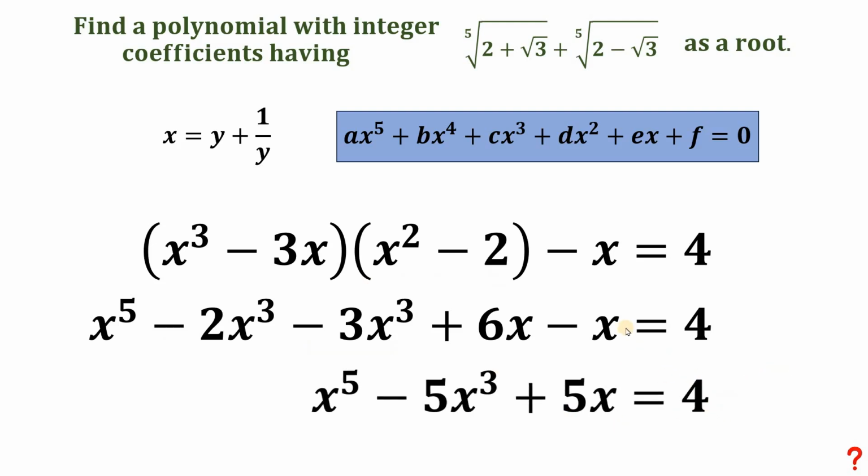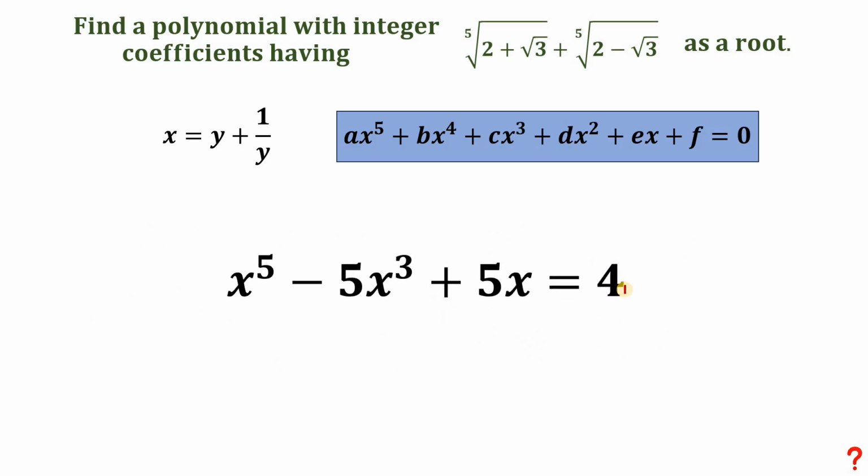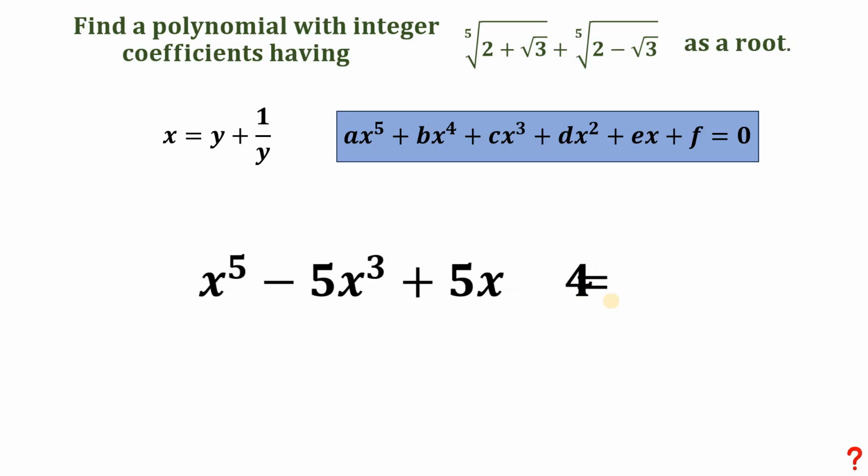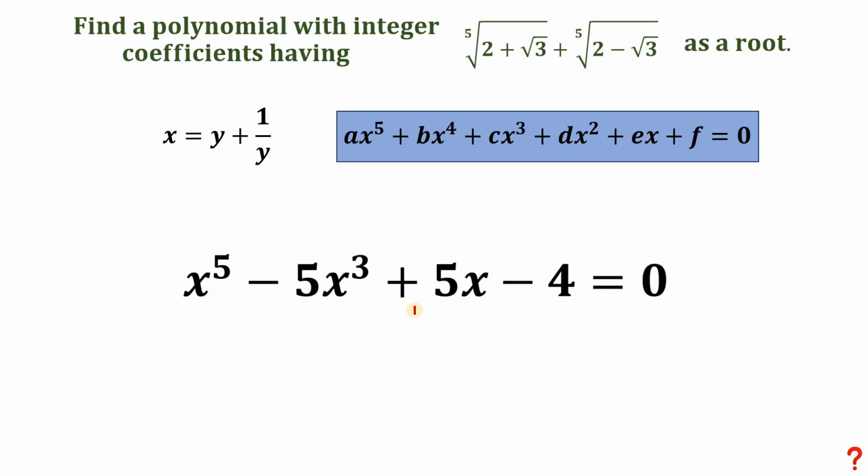Now let's focus on this result, and the final step, let's subtract 4 on both sides. So we have this quintic equation: x raised to the fifth power minus 5x cubed plus 5x minus 4 equals 0.